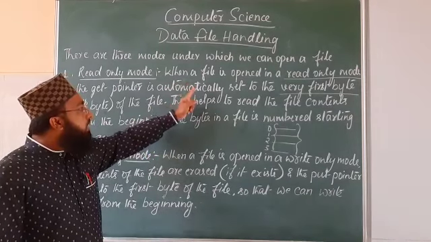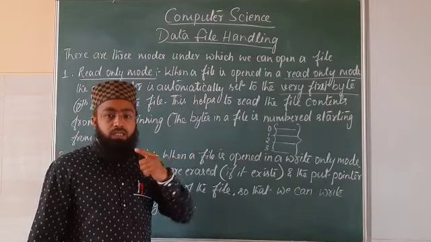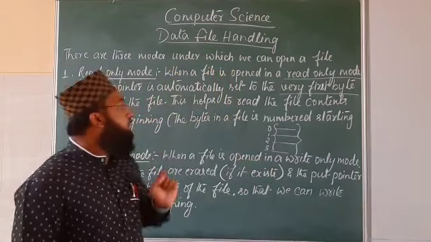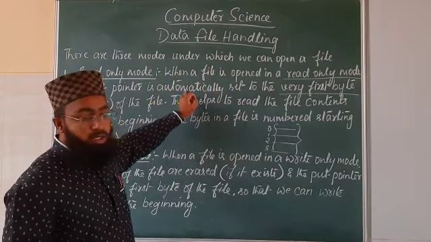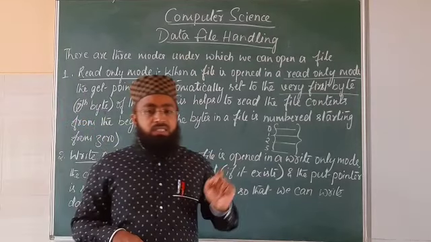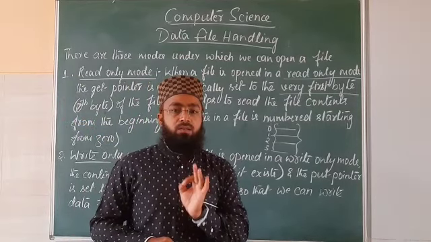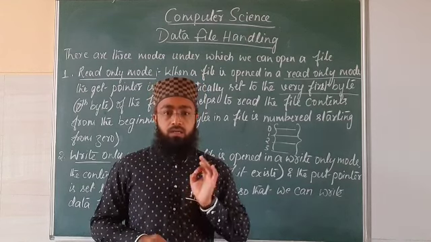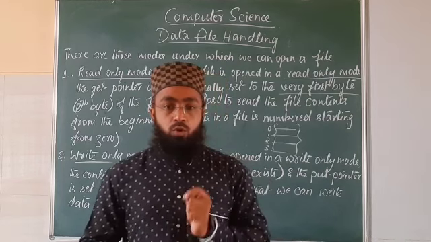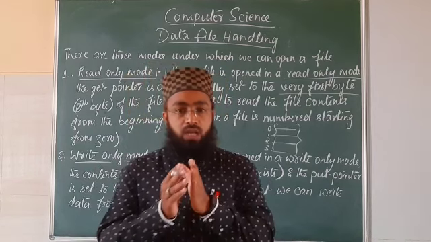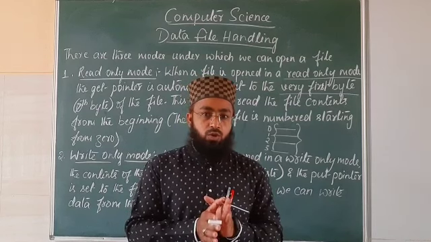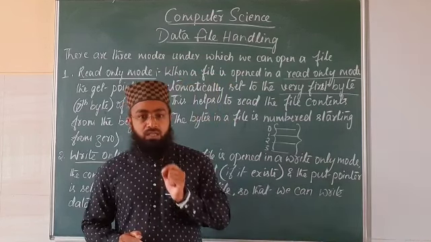When a file is opened in read only mode, the get pointer is automatically set to the first byte, that is the 0th byte, which will help us read the contents of the file from the beginning itself.